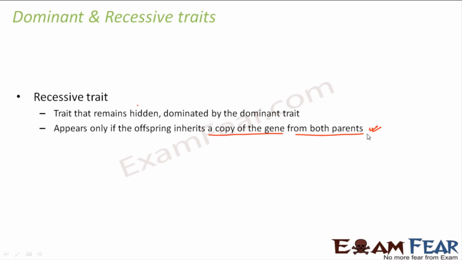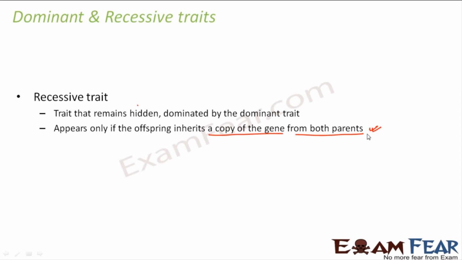Right? That means, let us suppose the father has a brown eye and the mother has a blue eye. So in that case, one parent is contributing the dominant trait, the other parent is contributing the recessive trait. So in that case, which will get expressed? The dominant one, of course, because it will dominate over the recessive trait. So what will be the eye color of the offspring? It will be brown.